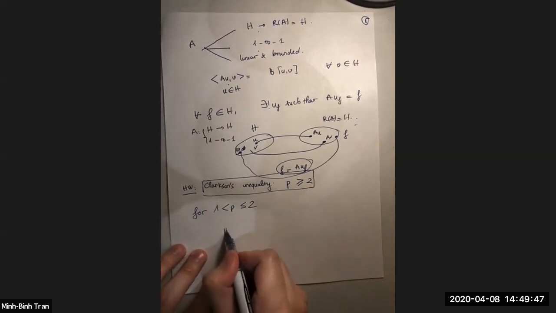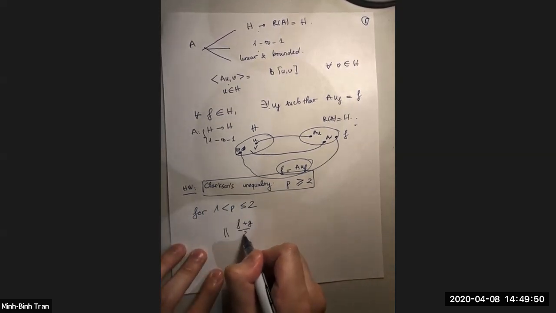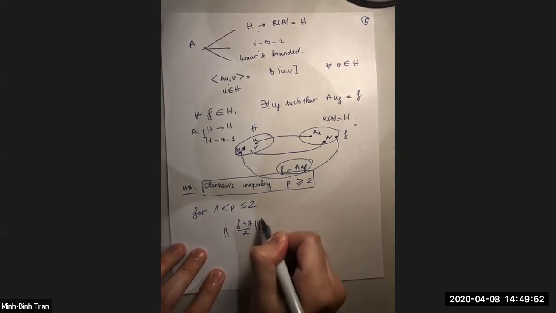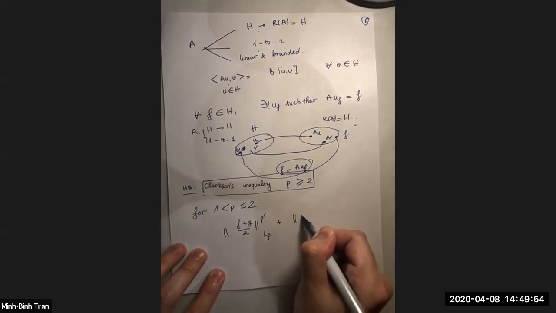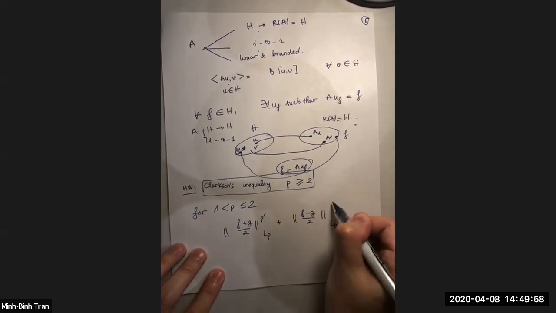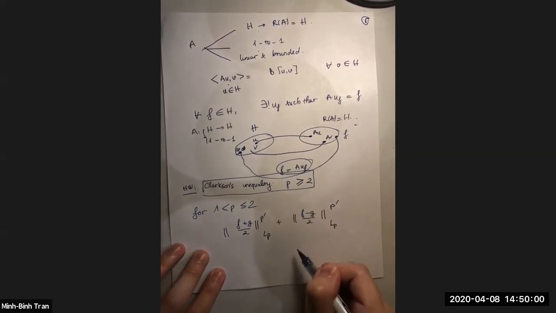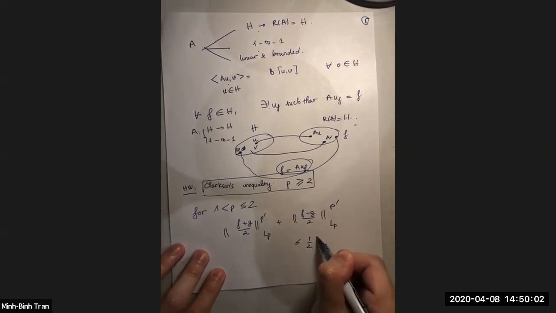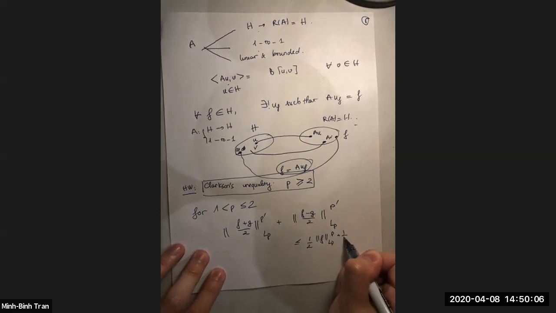You're going to have the norm of (f plus g) over 2 in LP to the p prime, plus the norm of (f minus g) over 2 in LP to the p prime, smaller than (1/2 of the norm of f in LP to the p plus 1/2 of the norm of g in LP to the p) to the power 1 over p minus 1.